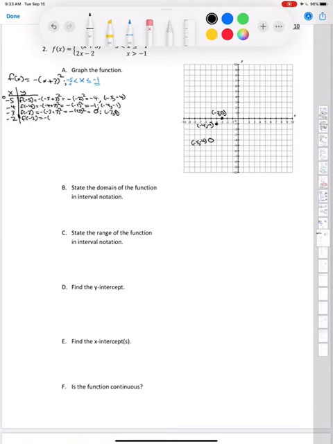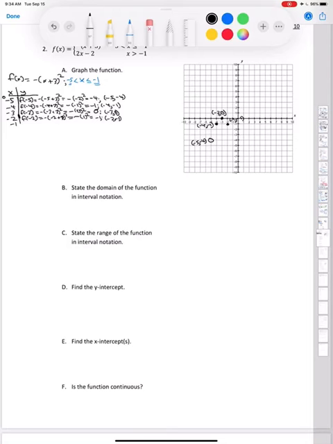Well, that would be the negative of (-2 plus 3) squared, which is the negative of 1 squared. And the negative of 1 squared is -1. So (-2, -1) is a point this piece goes through. I'll label that point, (-2, -1).